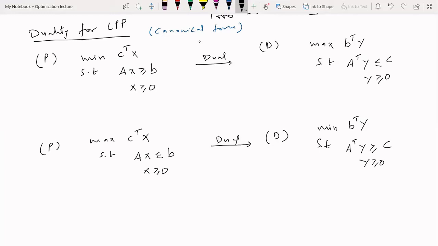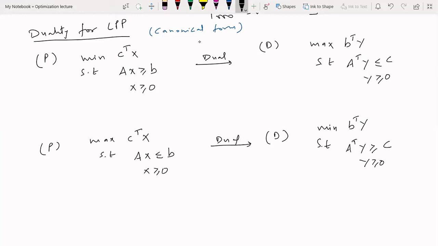So the dimension of y is equal to the number of constraints in the primal problem. Why? Because we are multiplying with b transpose, and the components of b are equal to the number of constraints. In the dual problem, b transpose y is the objective function, so y has as many variables as the components of b, which are equal to the number of constraints in the primal problem. So I am defining a problem whose variables are equal to the number of constraints of the first problem.